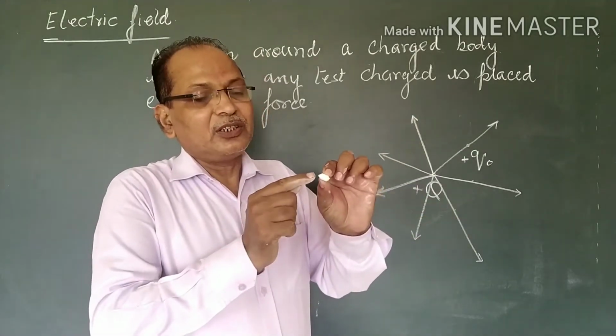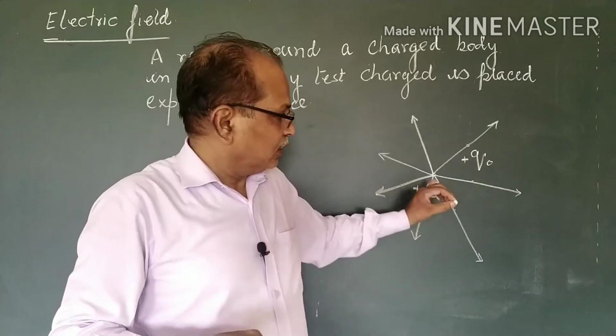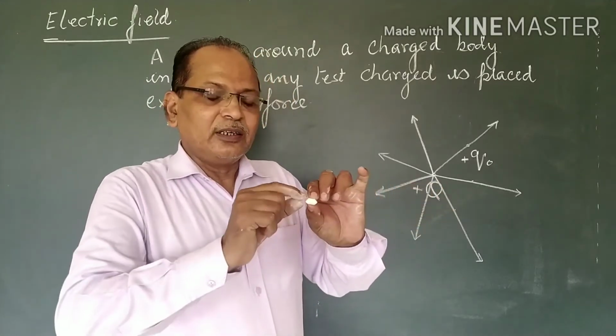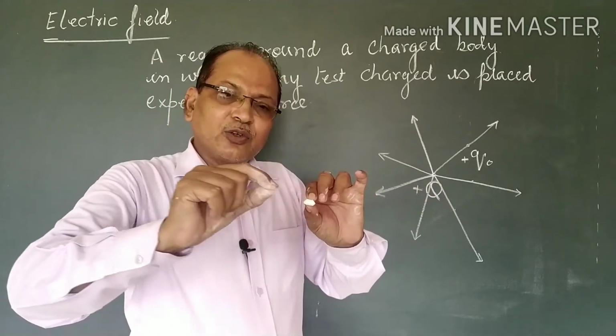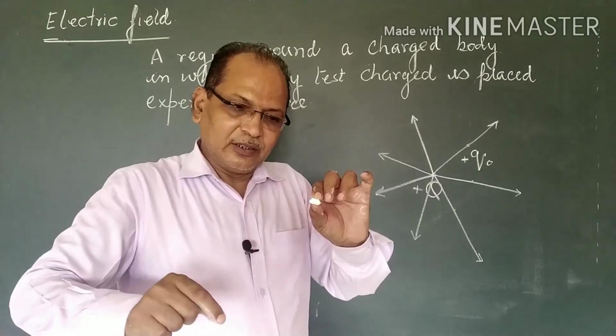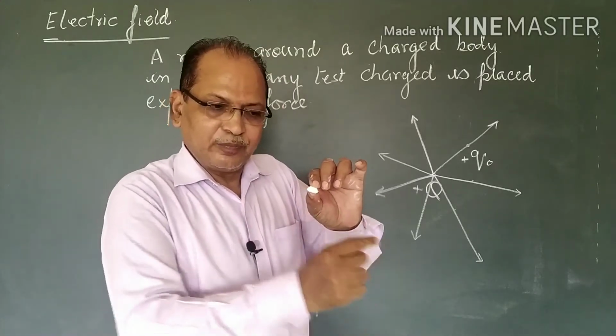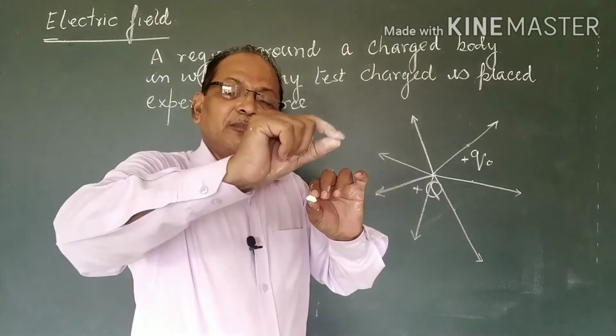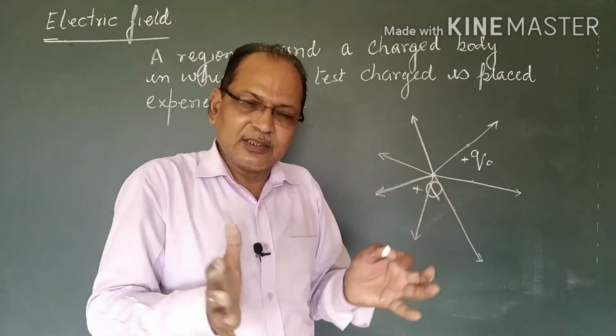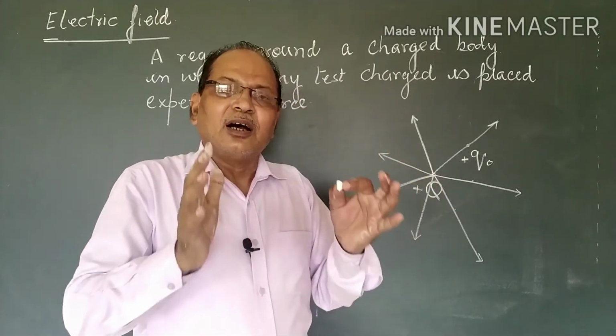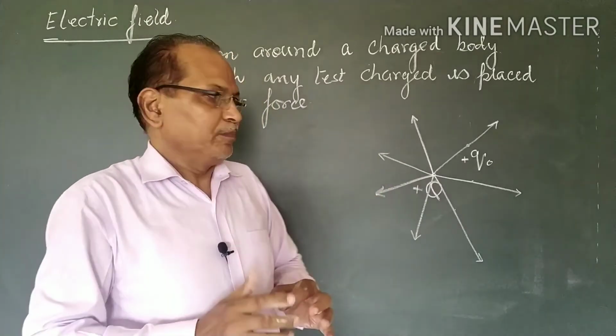For example, this is the plus Q, then the charge can move like this also, like here. This region is a 3-dimensional region.